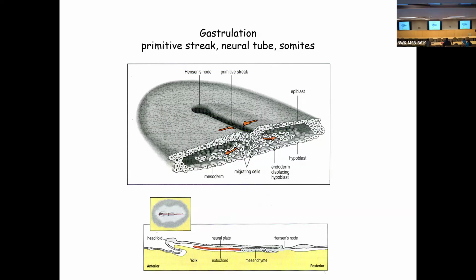So it's been formed here at gastrulation, and then it disappears. And it's a good thing that it disappears, because otherwise the embryo would contain pieces of a notochord and that eventually would form teratomas, benign tumors.